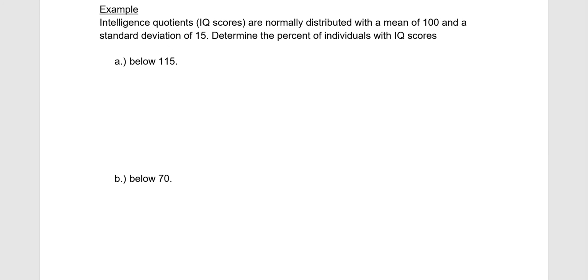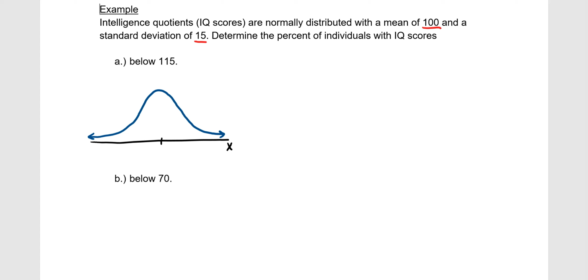IQ scores are normally distributed with a mean of 100 and a standard deviation of 15. We want to determine the percent of individuals with IQ scores, and the first one is below 115. So standard deviation and the mean. So let's go ahead and draw in the curve here. So this first one that I'm actually going to fill in is going to be the x values, which are the observation values.